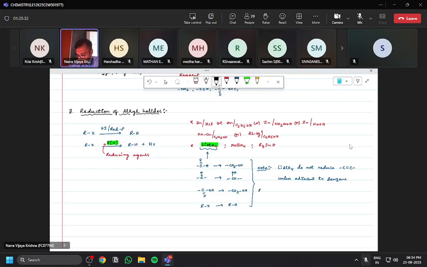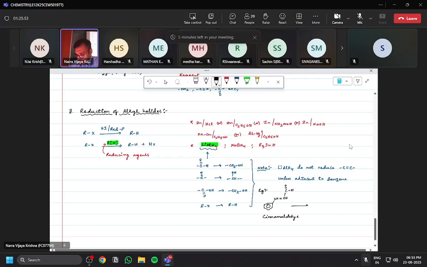Example, I am taking cinnamaldehyde, in presence of lithium aluminum hydride. Now tell the product.